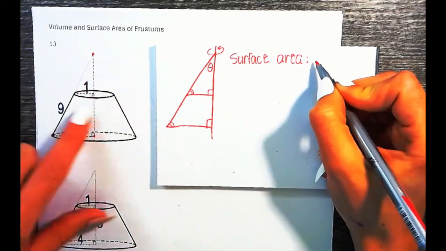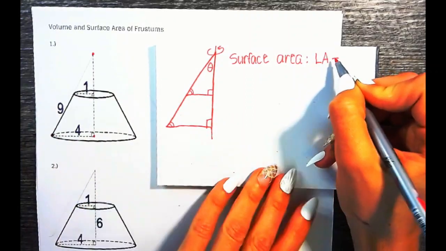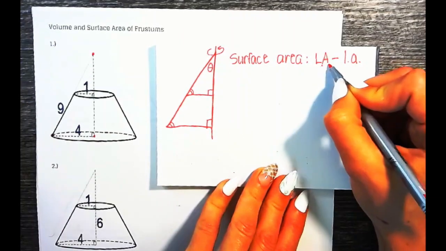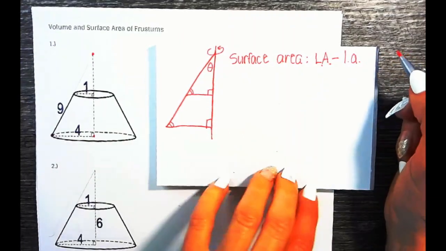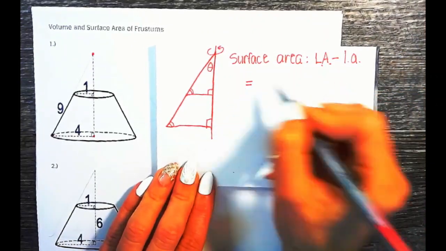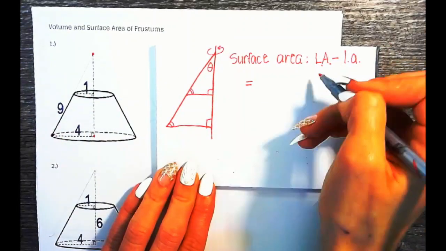We're going to do lateral area of the big cone minus the lateral area of the little cone. So I'm going to use capital and lowercase letters for my abbreviation. The lateral area, and that's just part of it. This is not everything. We also have to do the circles. So this is phase one.